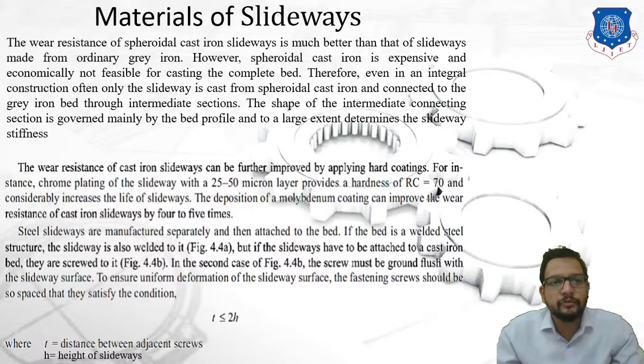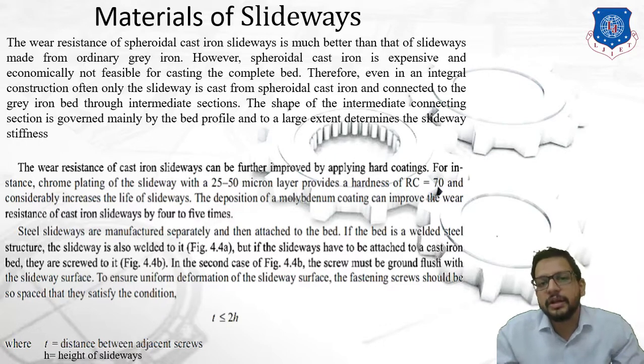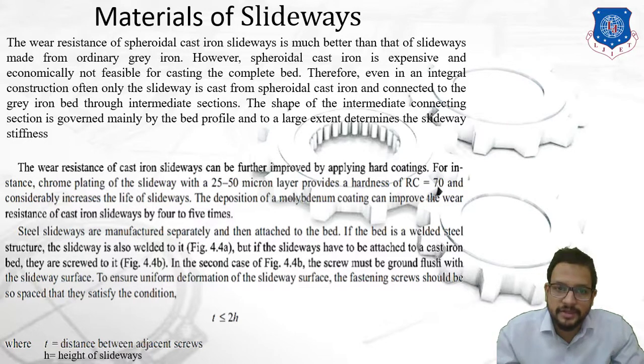So we are going to use spheroidal cast iron for our slideways. Why? It provides better wear resistance compared to ordinary gray cast iron. However, spheroidal cast iron is much more expensive and economically not feasible for casting the complete bed.